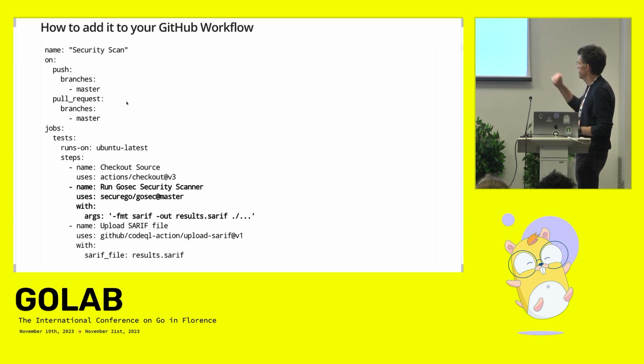In this example, we run a scan, but we want to generate Sarif in order to really integrate it with GitHub security checks. So we generate Sarif, and then we upload Sarif to GitHub. This is all you need to do. It's 4 lines of YAML. You put it in your GitHub action, and then you have everything integrated.